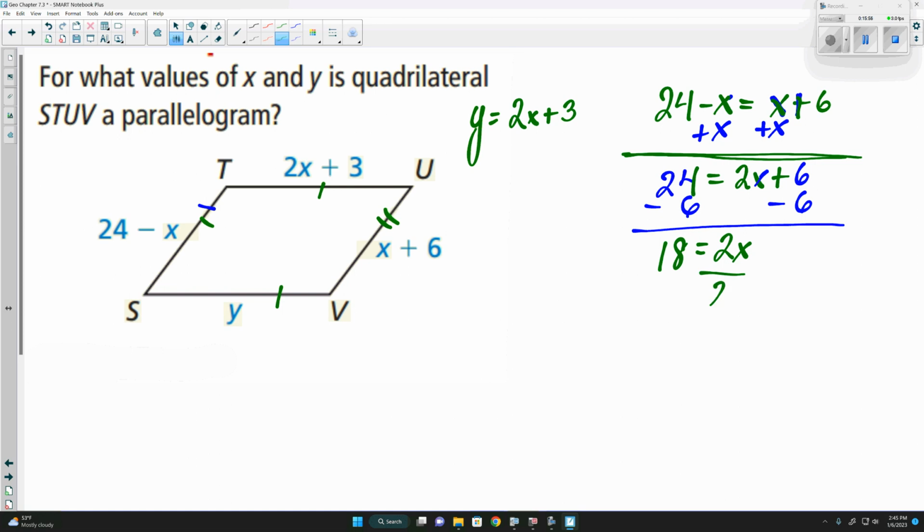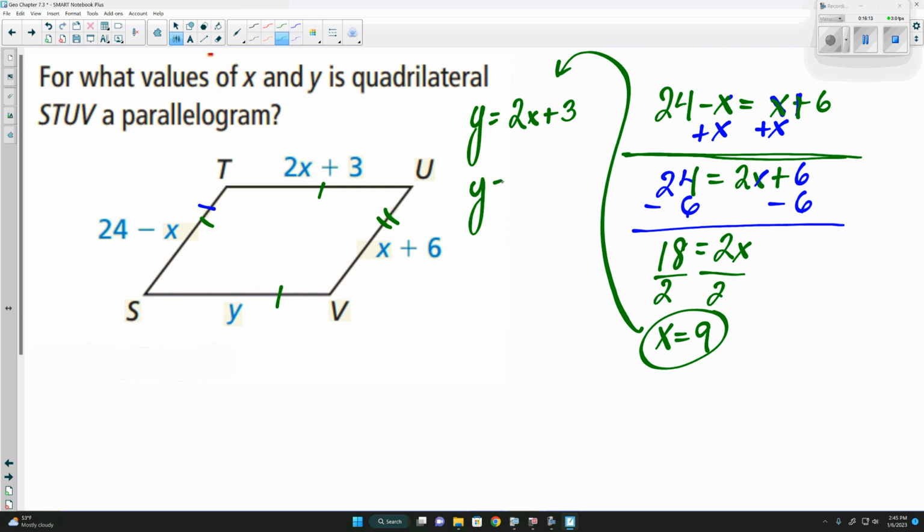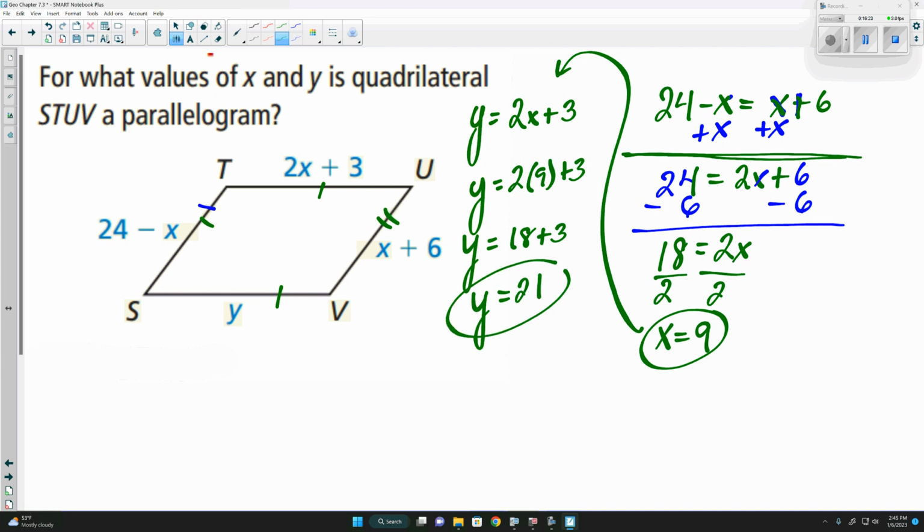Divide both sides by 2, telling us x is equal to 9. Then we just need to plug it back in to solve for y. Once we plug it back in, 2 times 9 plus 3, we can type that whole thing in the calculator and let it do it for us.